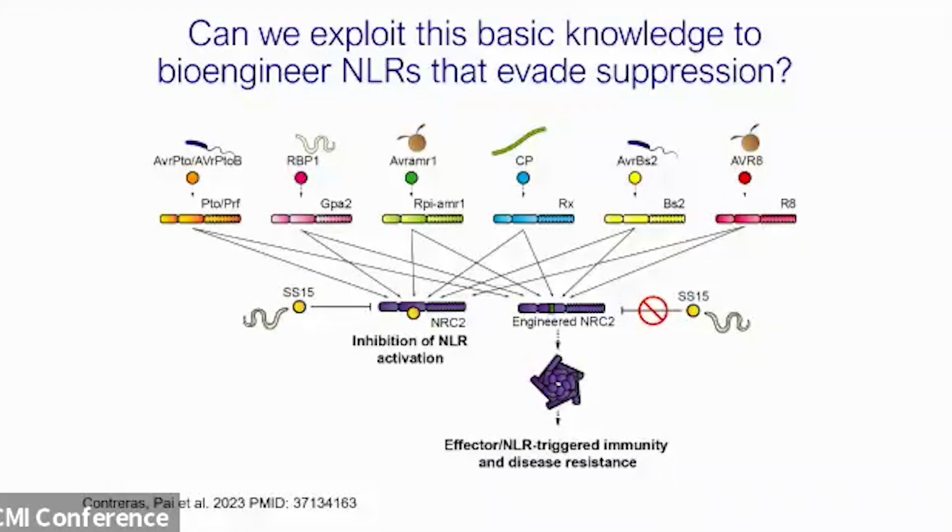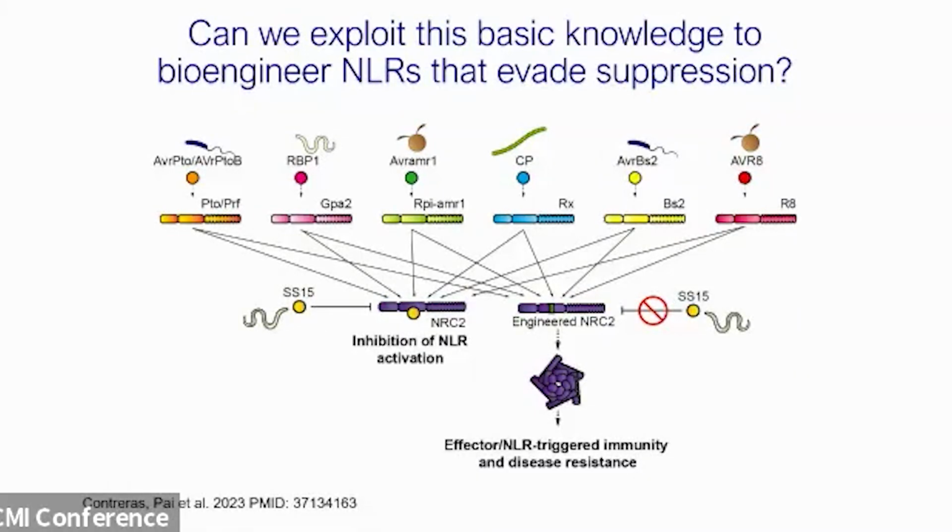It's really satisfying to me that this very basic fundamental research has actually led to very obvious applications. Because if you think about it, if these pathogens carry inhibitors of these nodes, they're actually shutting down a lot of R genes that are present in our crops, right? And so many of these R genes will not function because we have these inhibitors and suppressors.